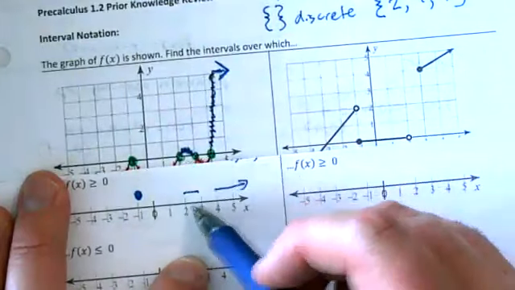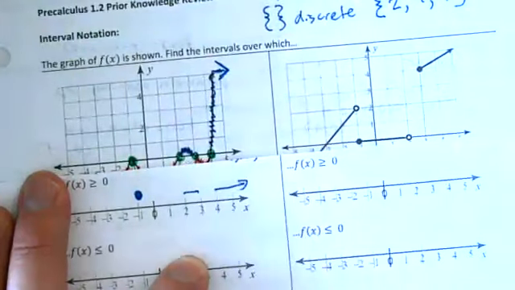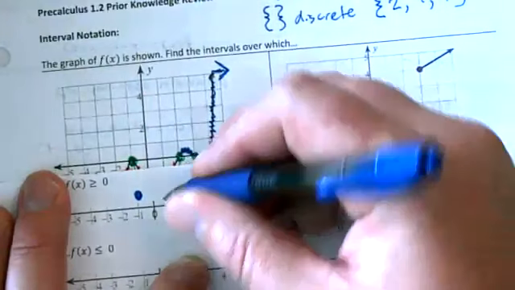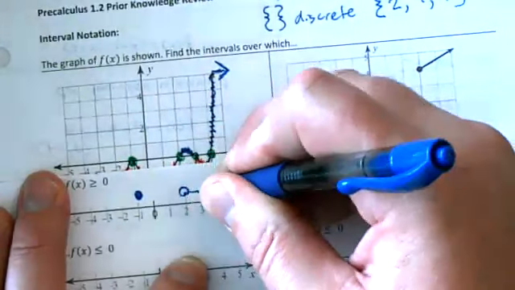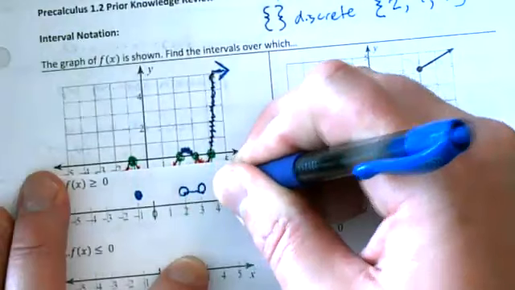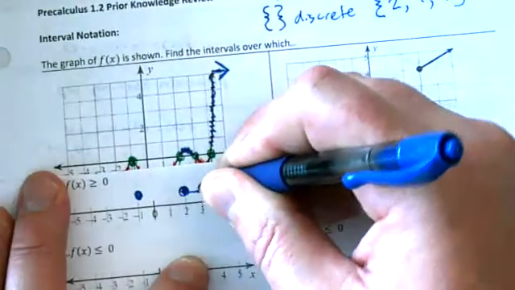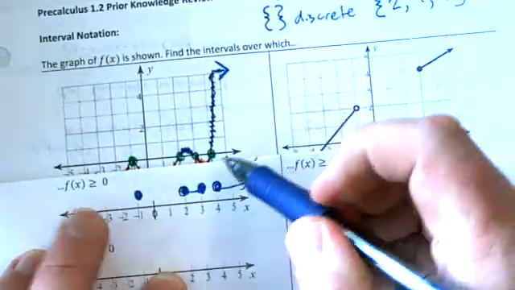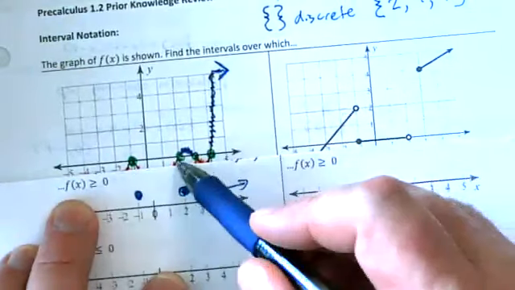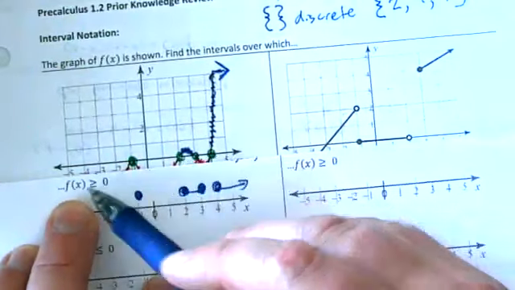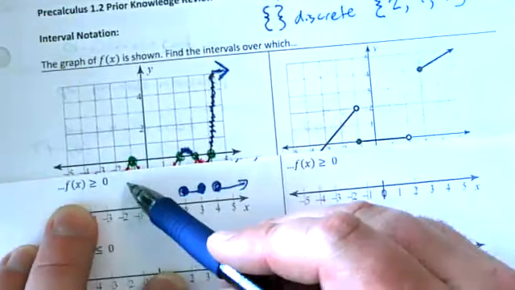What about 2, 3, and 4? Open, solid, open, closed? Okay. Well, I think because it's greater than or equal to, what is the y value here? Is 0 greater than or equal to 0? Yeah. So we need to include them.